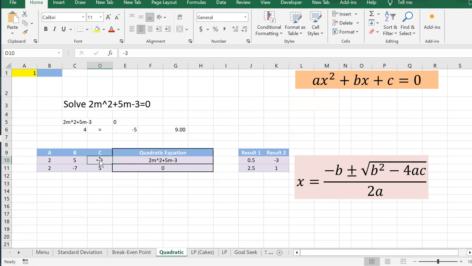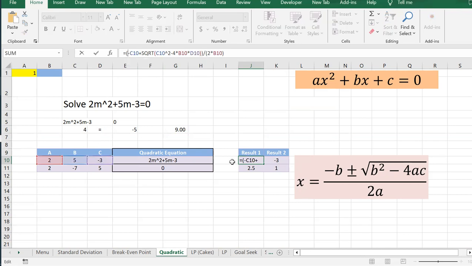That's right. Okay. So the same formula, we are going to use the x value. X value is minus b, right? That is 5, right? So minus b will be minus 5, right? Okay. Fair enough.